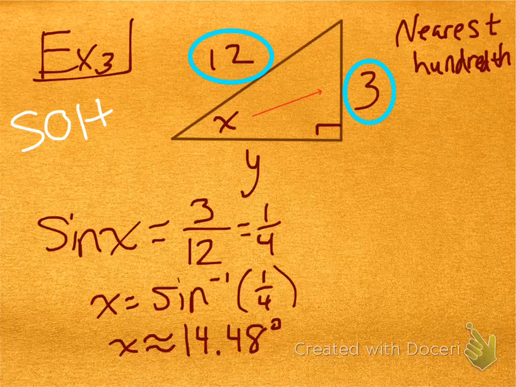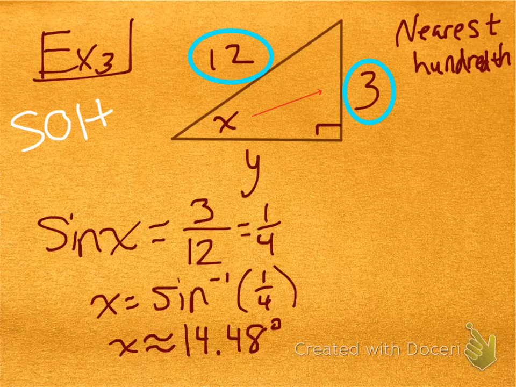Now we want to see if we can find out what y is. Again, I want to do this with one of my trig functions. I have three available: sine, cosine, or tangent. Since this lesson is on sine and cosine, I'm not going to use tangent. If you want to know how to use tangent, go back and watch the tangent video.